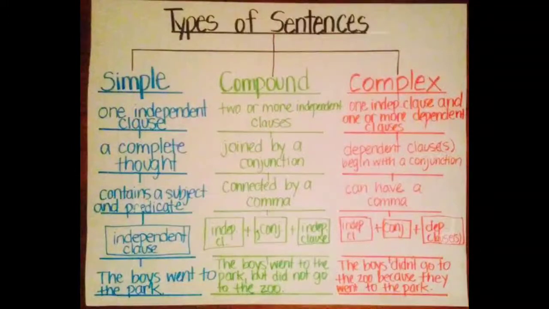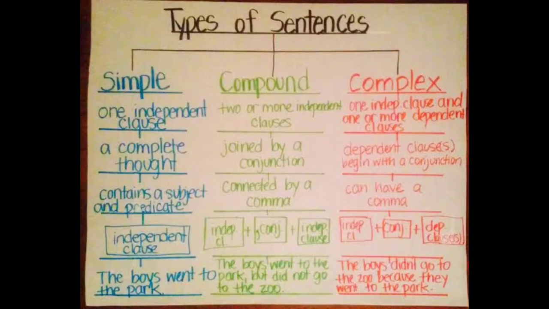And the next type is the complex sentence. A complex sentence contains one independent clause and one or more dependent clauses. The dependent clause begins with a subordinating conjunction and can have a comma also. Independent clause, subordinating conjunction, dependent clause.